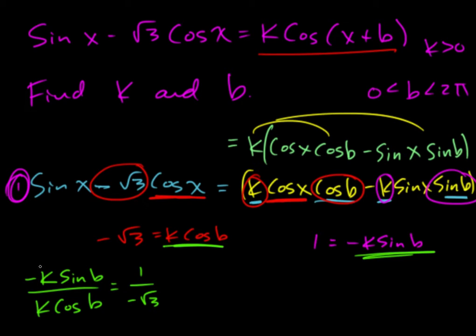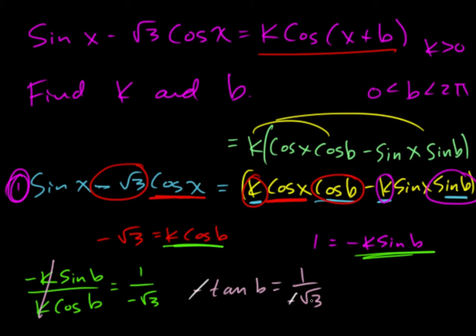So we're left with negative tangent b, because sine over cosine is tangent. So we have negative tangent b equals 1 over negative square root of 3. Because both sides are negative, we can just divide both sides by negative 1, and those cancel.